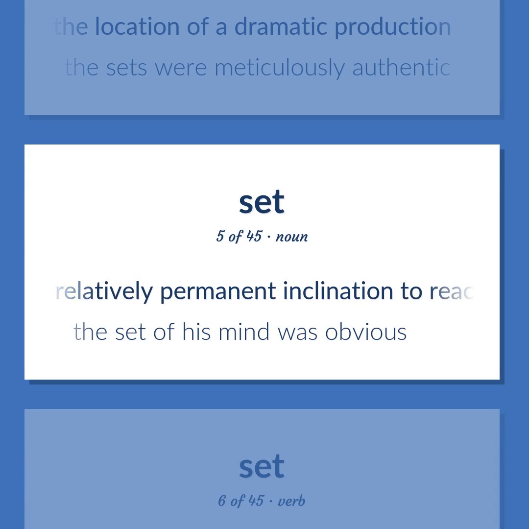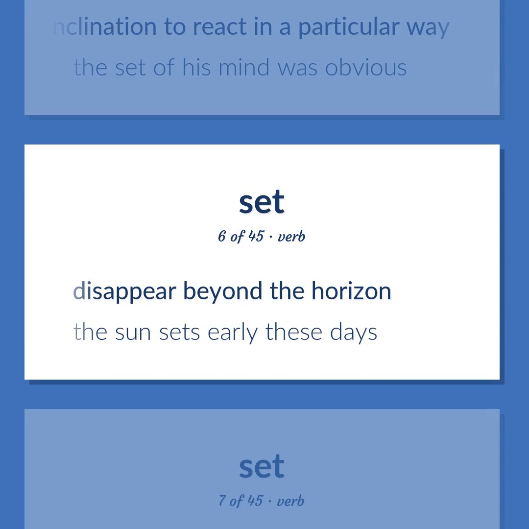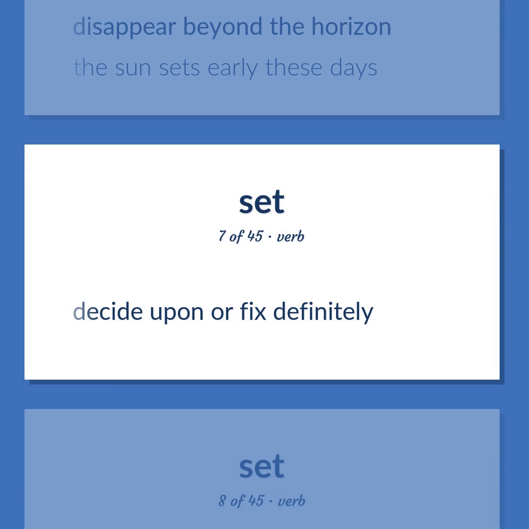A relatively permanent inclination to react in a particular way. The set of his mind was obvious. Disappear beyond the horizon. The sun sets early these days. Decide upon or fix definitely.